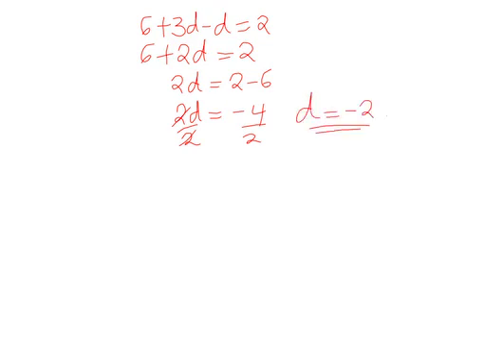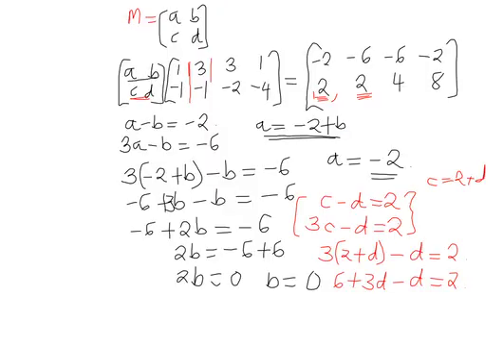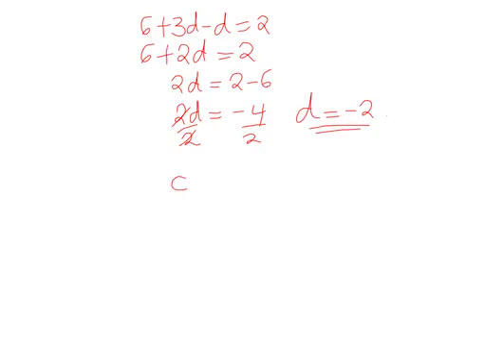We can substitute the value of D in this equation to get the value of C. So we have C is equal to 2 plus D. This means that C is equal to 2 plus negative 2, that is 2 minus 2, which is 0, and the value of C will be 0.